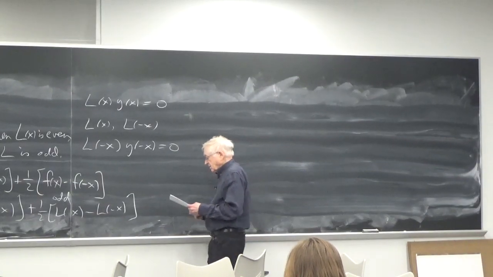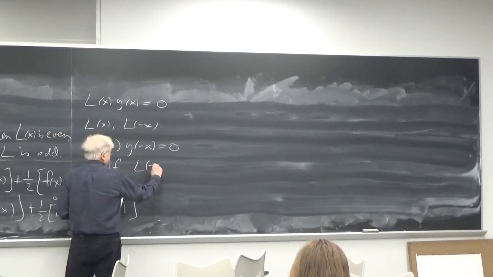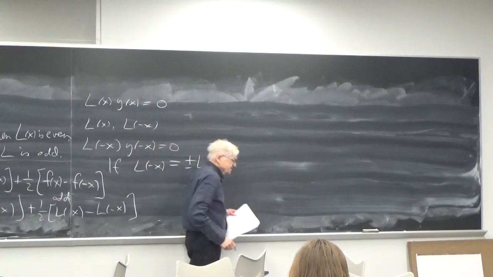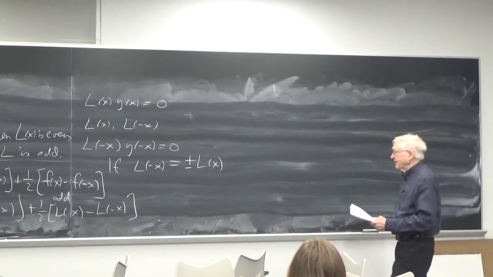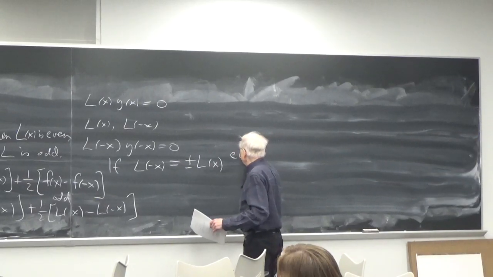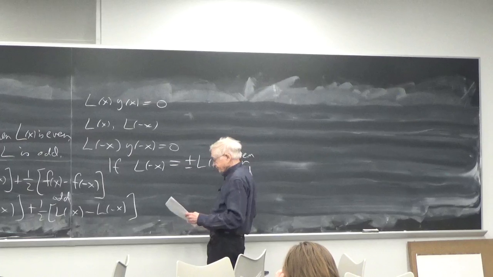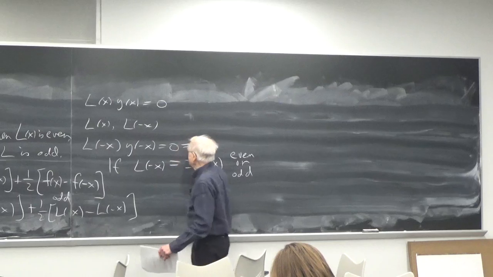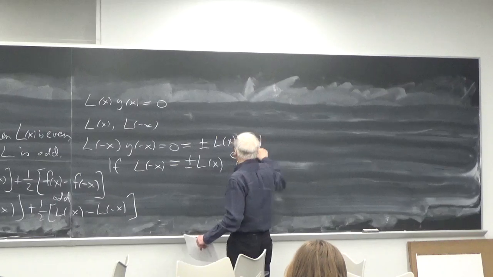So now here's the subtle point. If L of minus x is equal to plus or minus L of x, that is to say, if the differential operator L of x has definite parity, in other words, is even or odd, then what you can say is that this is equal to plus or minus L of x, y of minus x.